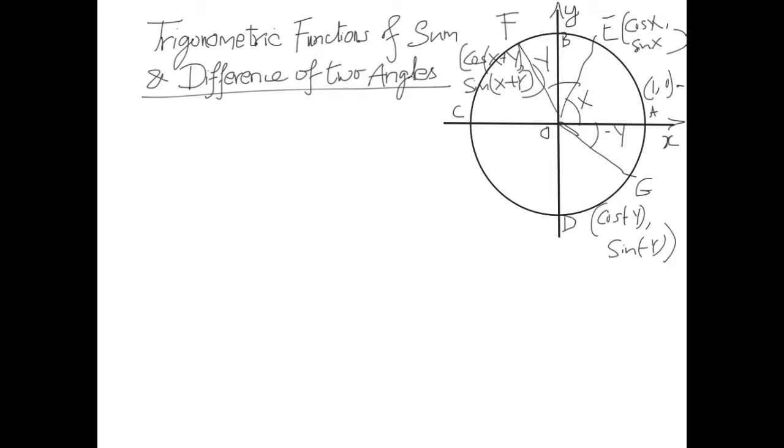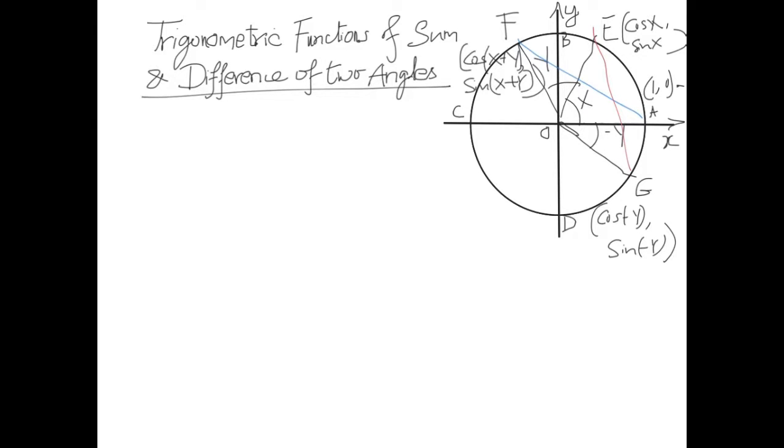Now let us look at these two triangles OAF and OGE. These two triangles are congruent. You will realize that by looking at their angles and the two sides. The angles AOF, which is x plus y, and the angle EOG, whose magnitude is also x plus y, are equal.